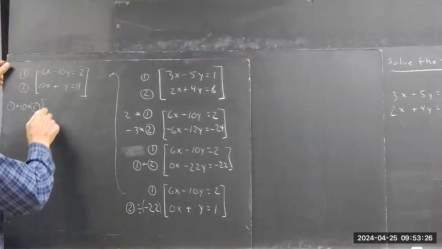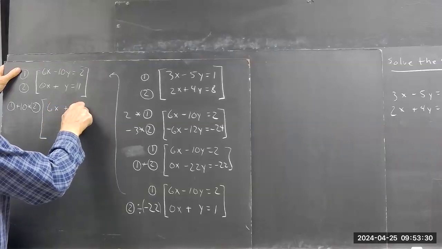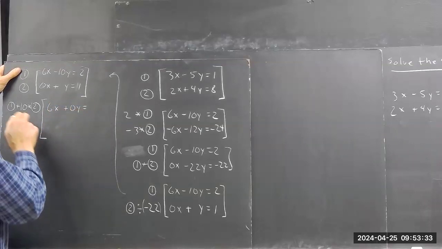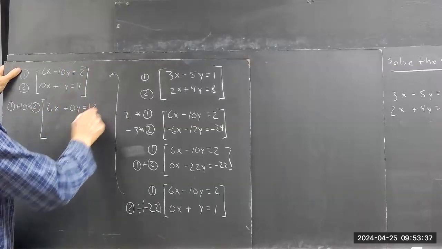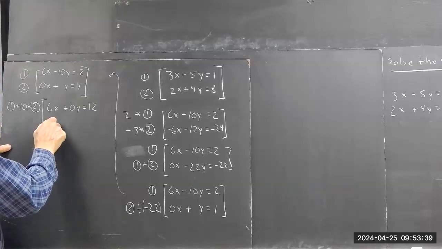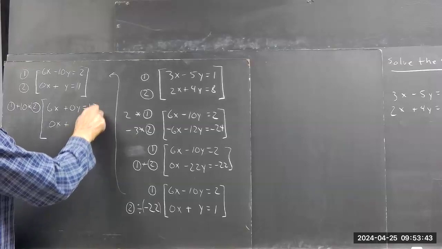We're going to get 6x plus 0y. And 10 times row 2 is 10. 10 added to 2 gives us 12. And we're going to have 0x plus y equals 1.